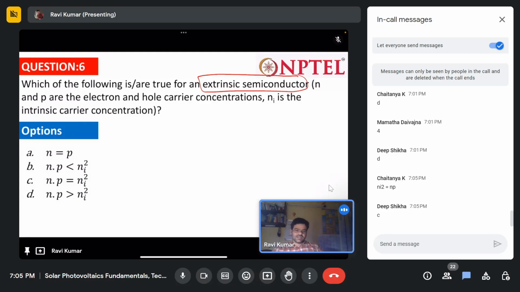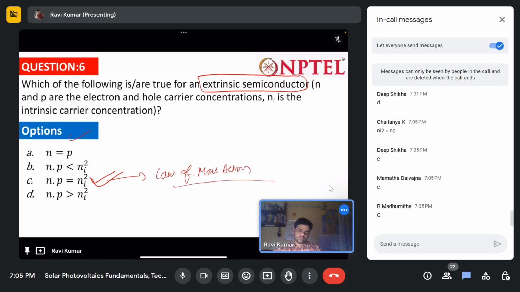Ni square equals Np, C. Yes, all of you are right. B. Madhumita, Mamta, Deepsika and Chaitanya. This is known as which law? Law of mass action. Yes, it's C, right.